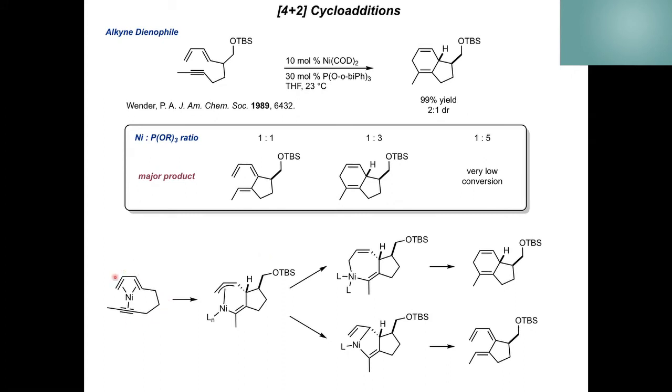And again, initial coordination of that nickel(0) with the tethered pi components then undergoes that oxidative cyclization process, making this vinyl nickel allyl.